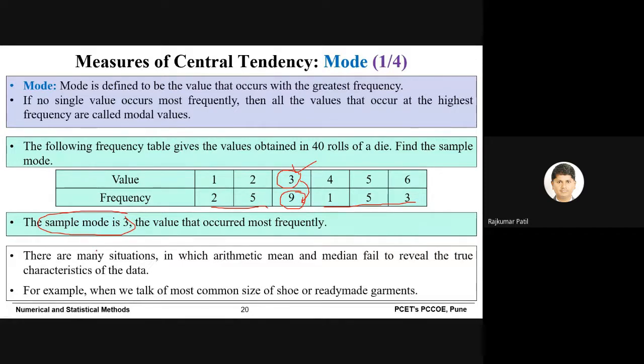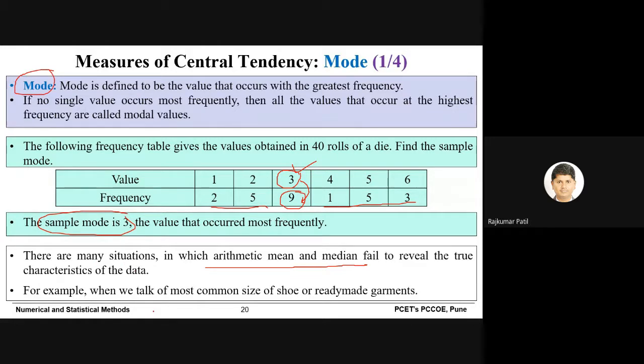Now there are many situations, as I have already mentioned, where we cannot rely on mean or median. They will not give the correct characteristics of the given data set. In such a situation, we need to rely on mode.